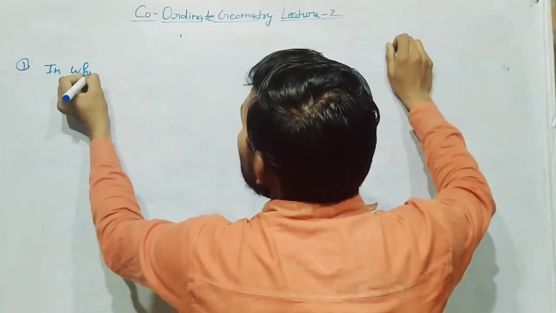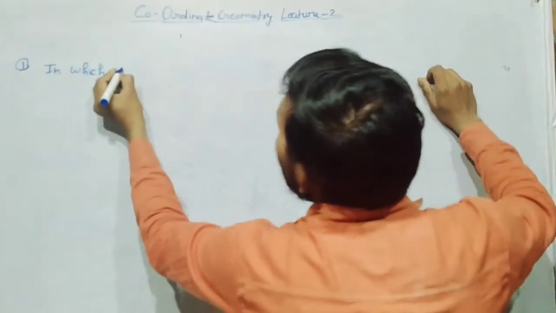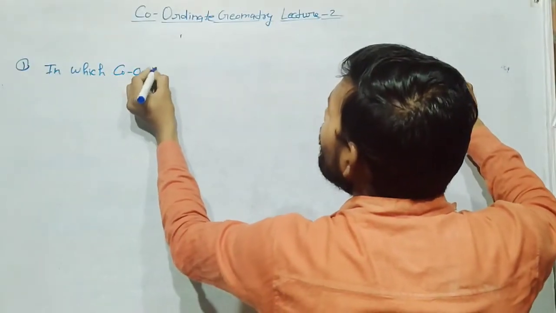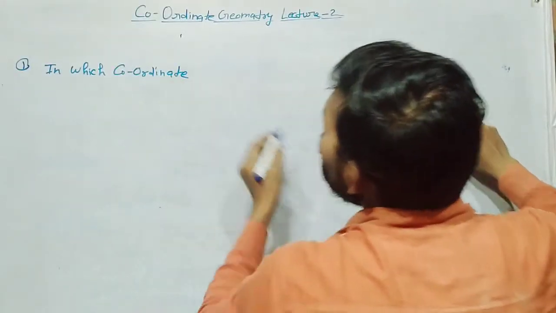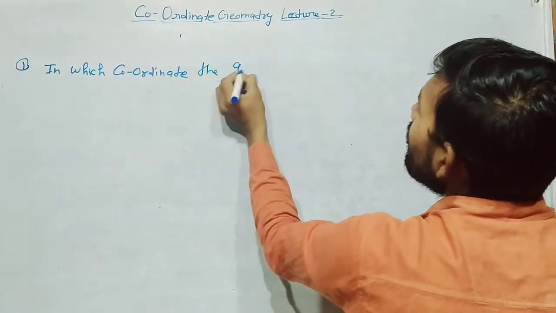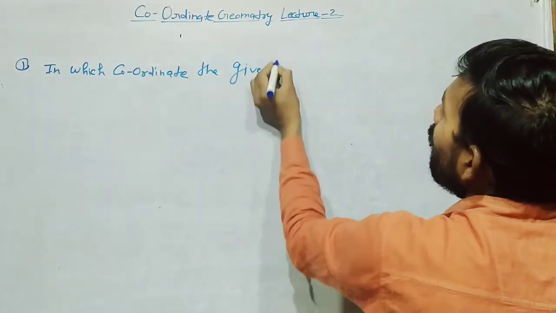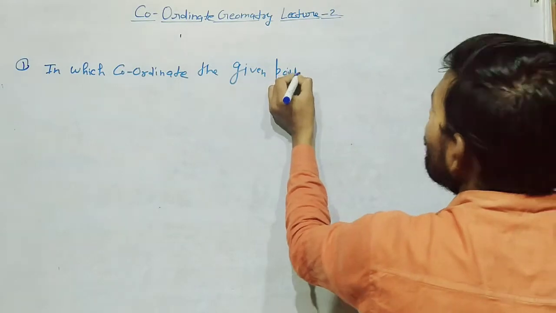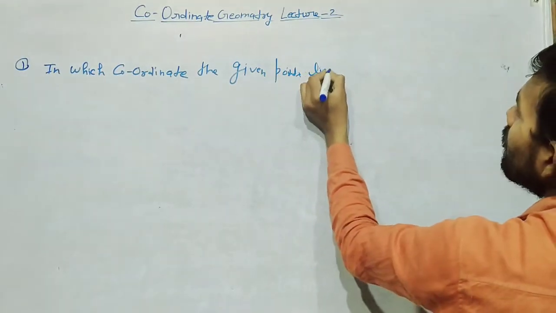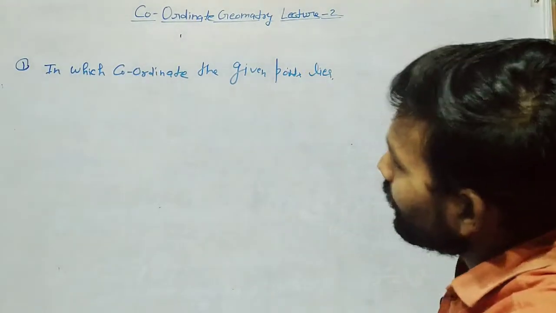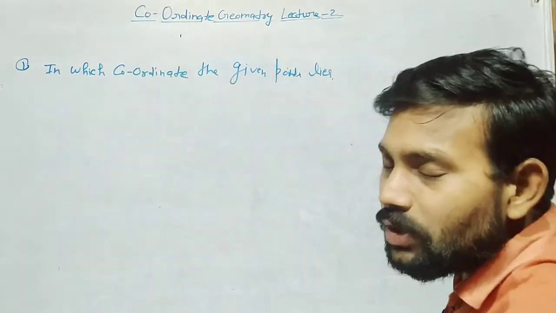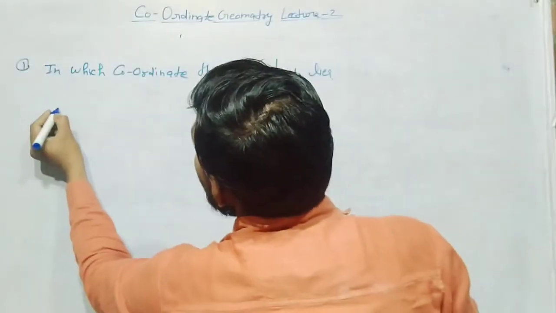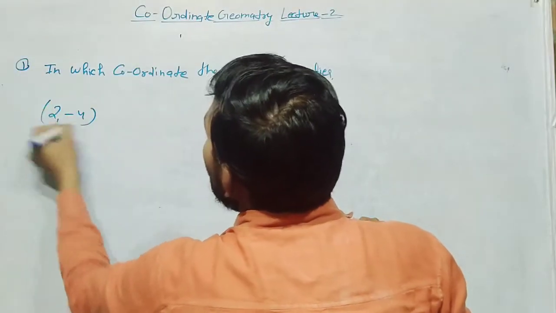In which coordinate do the given points lie? We have to identify in which coordinate these points lie. First is (2, -4).